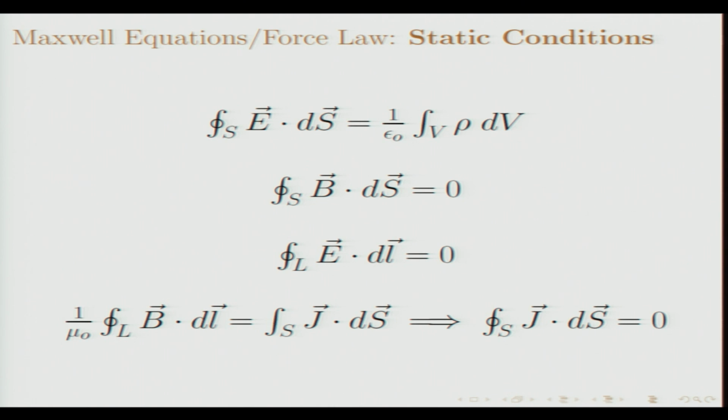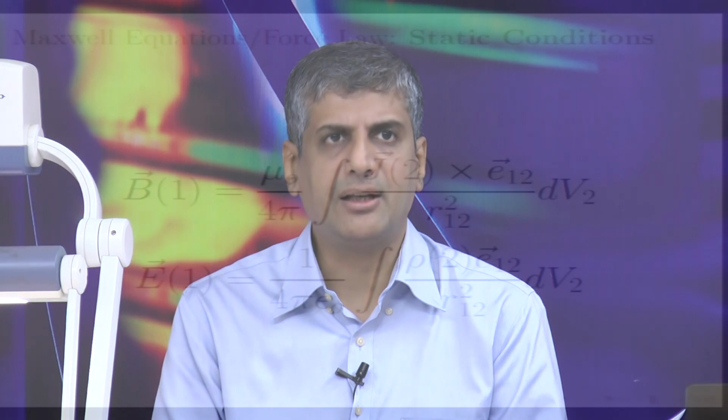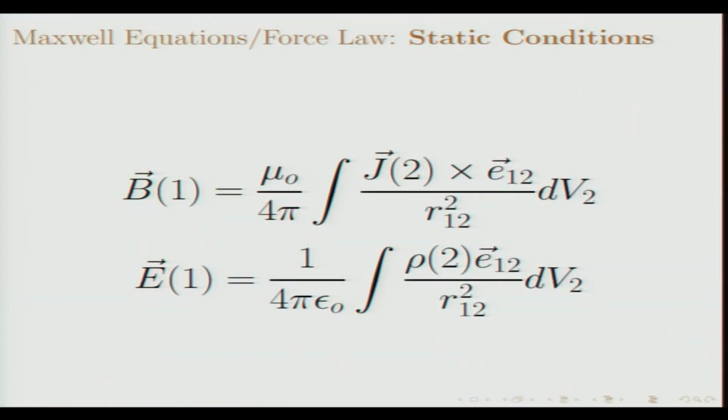In fact, we saw some time back that Coulomb's law holds only for static conditions, it is not true in general. What we see here is something we will not derive, but just to make a correlation with what we have done possibly in high school physics or in the first year of an engineering or science curriculum.